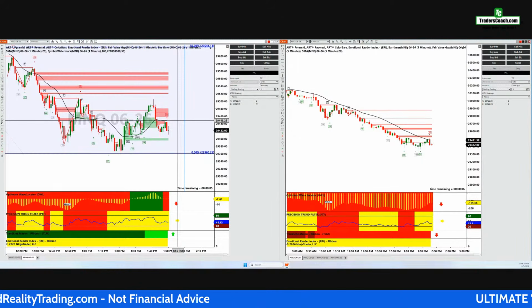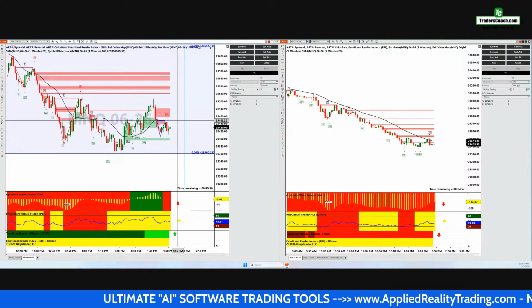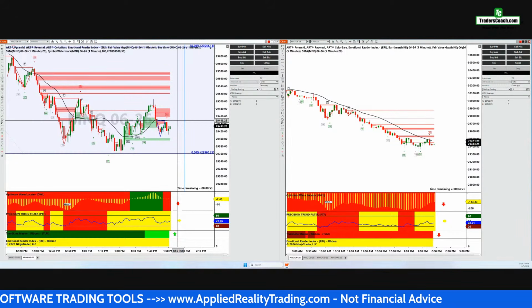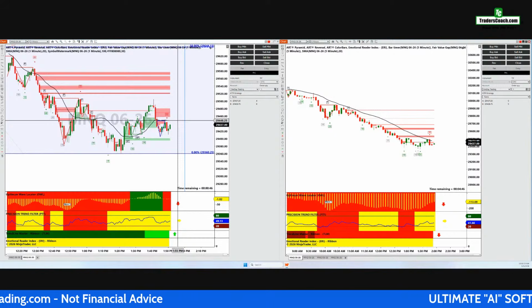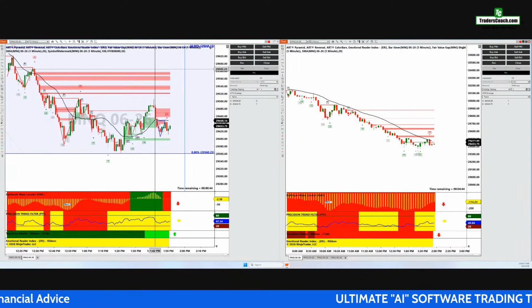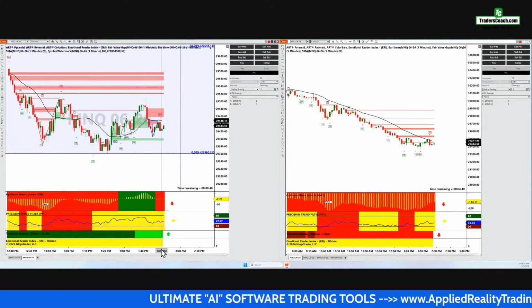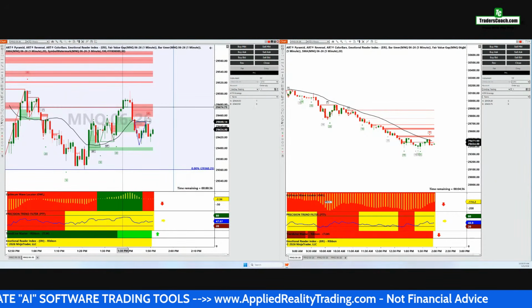I am not in a position right now, so I liquidated that long position. I'm glad I did. When I liquidated that, I had my stop right under here.